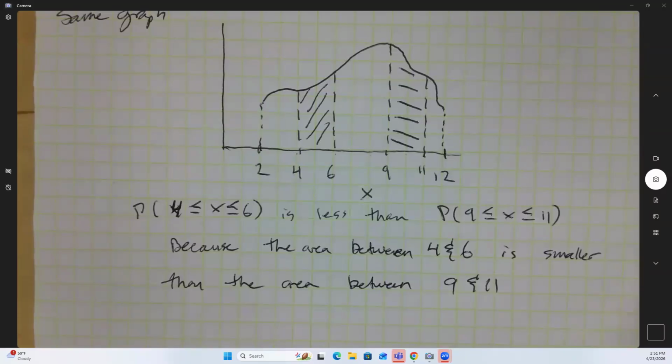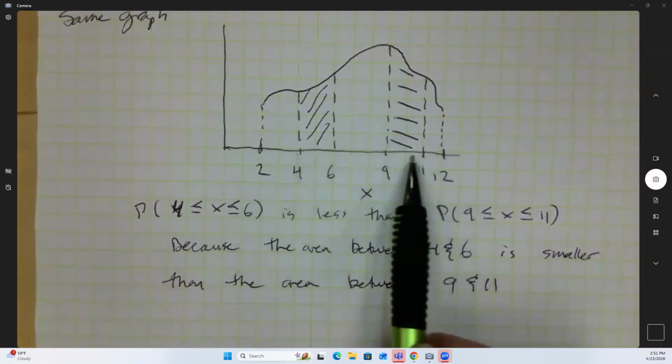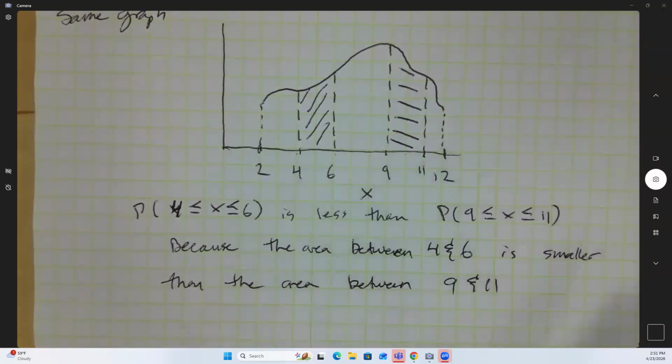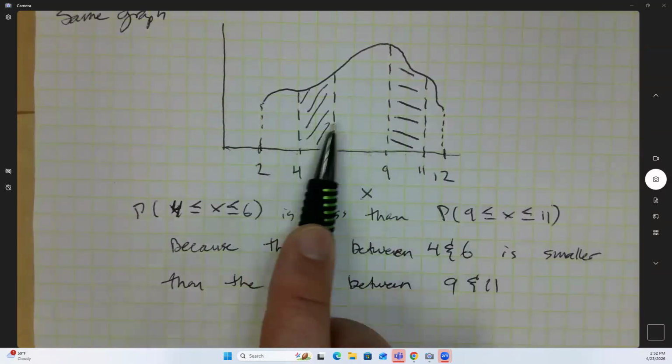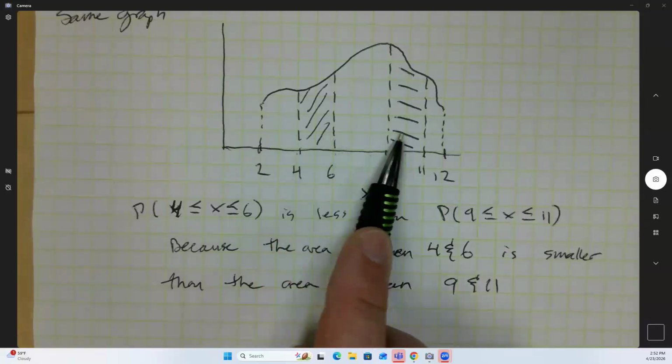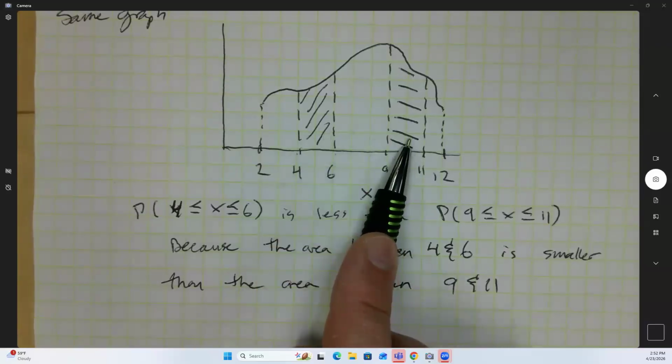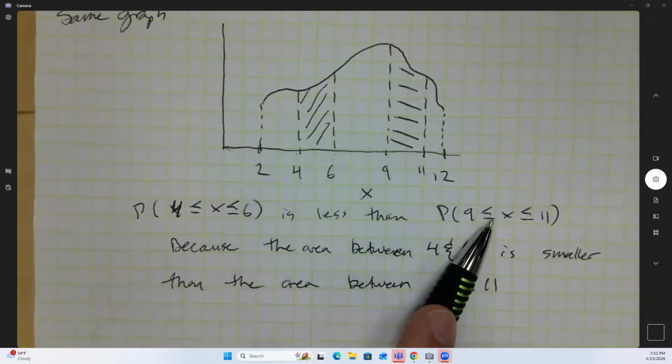I'm asking a slightly different question. I'm saying, what's the probability of being in this range or in this range? Exactly. I'd add up the areas, right? Add the two areas together. That gives me the probability of being in this one or this one.